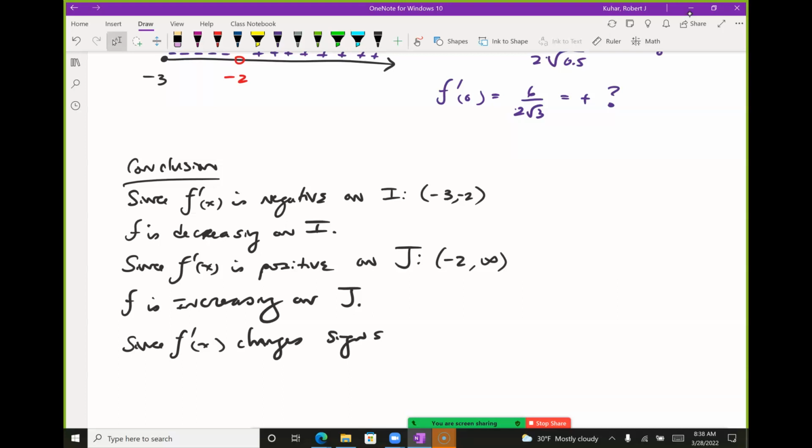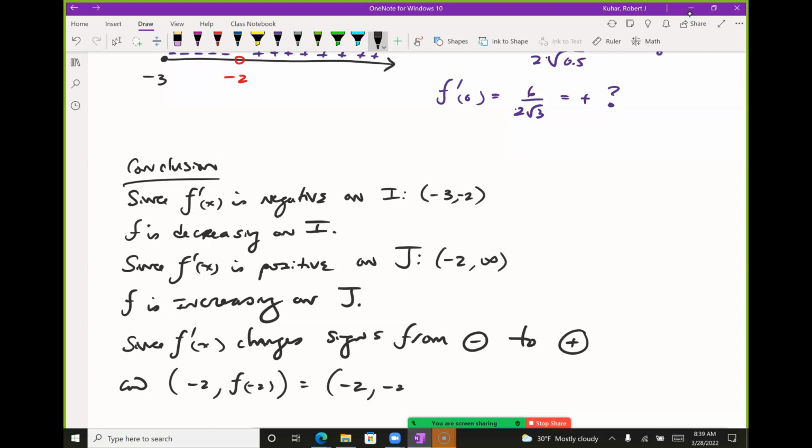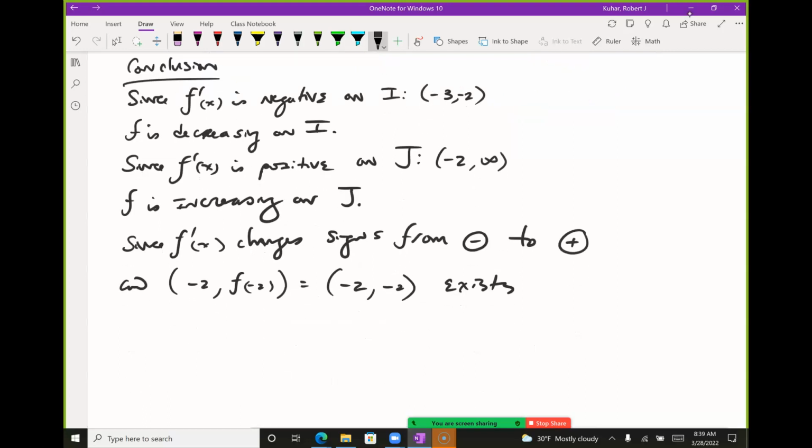Since f prime of x changes signs from negative to positive, and f of -2, which was -2, right, exists, -2 is a local min.